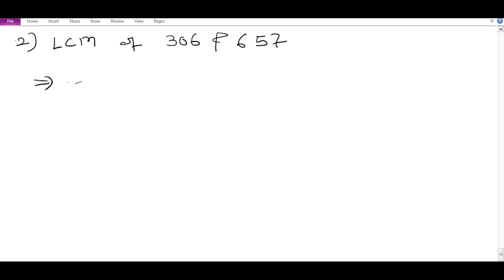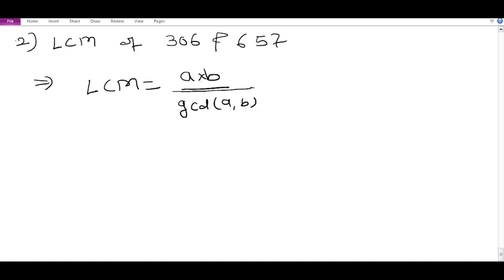Now we know that LCM is equal to A into B divided by GCD of A and B. So first we are going to find the GCD here.